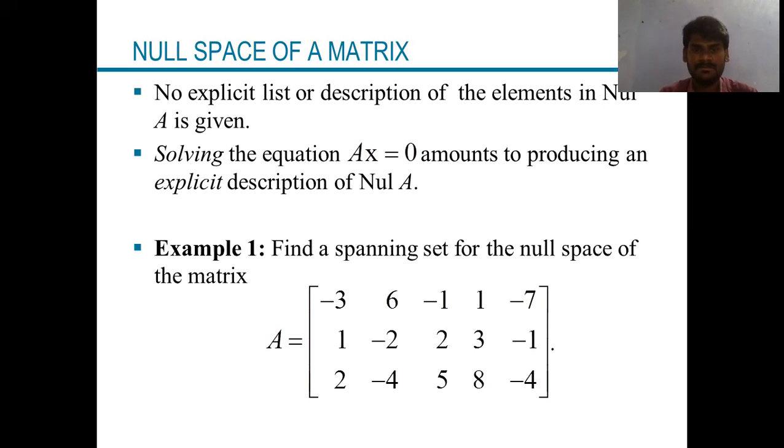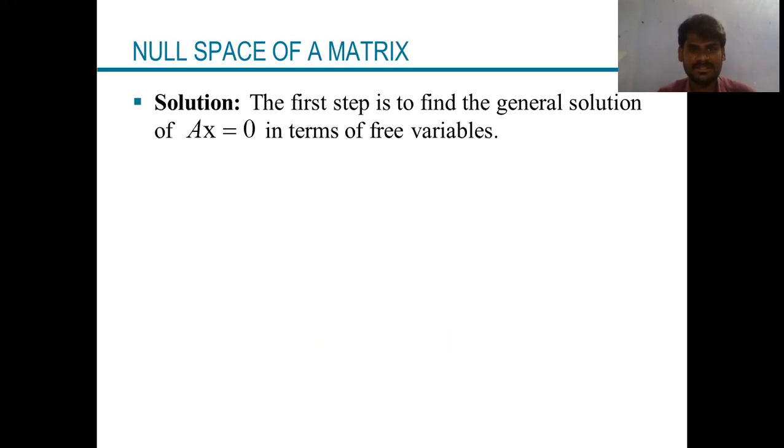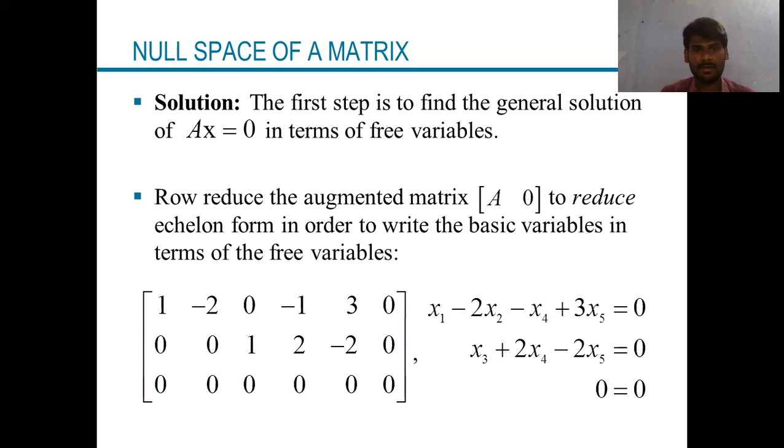Example: finding a spanning set for the null space of a matrix. Given the matrix A. Solution: the first step is to find the general solution of Ax equals 0 in terms of free variables. That is, row reduce the augmented matrix [A 0] to reduced echelon form in order to write the basic variables in terms of free variables.